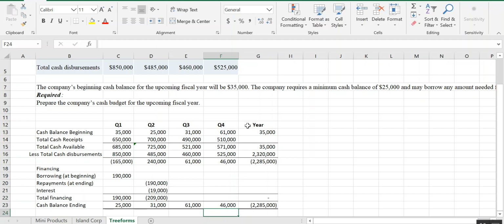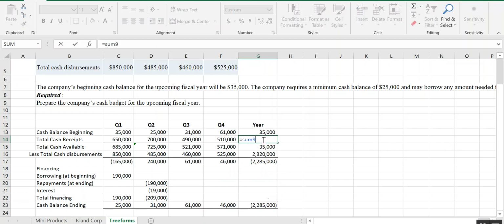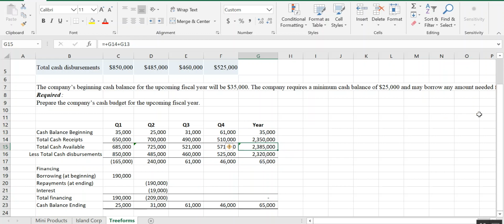Now, this is just the 4th quarter, but when we look at the year, we're going to start with the beginning balance in cash of $35,000 over there. We're going to add up all of these cash collections that we show. When we add these up, we get $2,350,000. And then we have total cash disbursements of $2,320,000, which means we have a total surplus of $65,000.